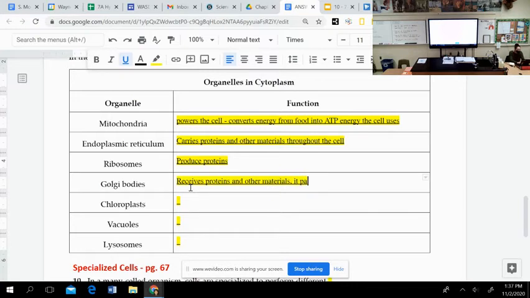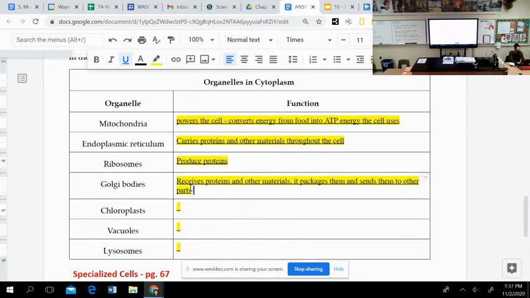It packages them and then sends them to other parts of the cell. So it takes it and then it kind of puts it together and then sends it to another location. So kind of like the endoplasmic reticulum, it just finalizes the process a little bit more.